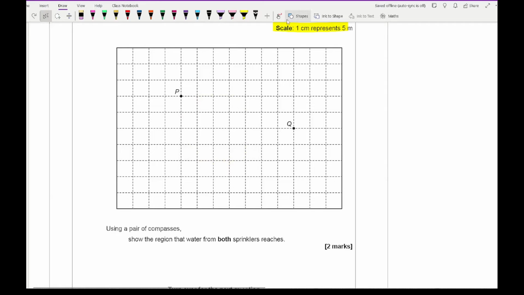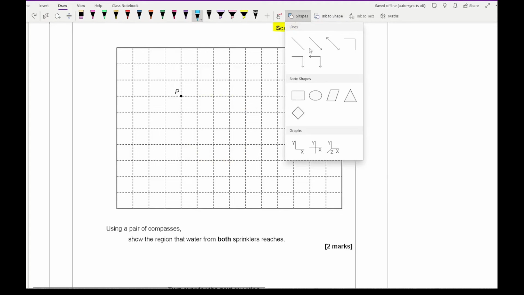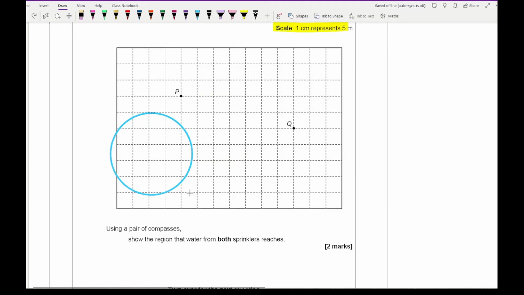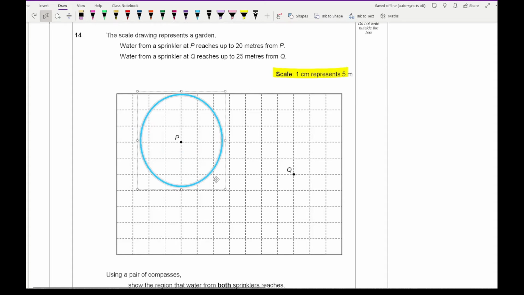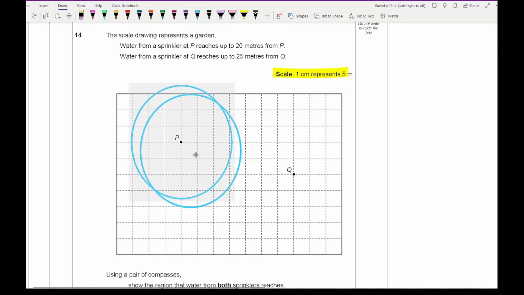There we go. If I select a pen and draw a circle, for this first circle you want a radius of 20 divided by 5, which is 4. So I just need to make this a little bit bigger so it hits the 4 across, which it isn't at the moment.